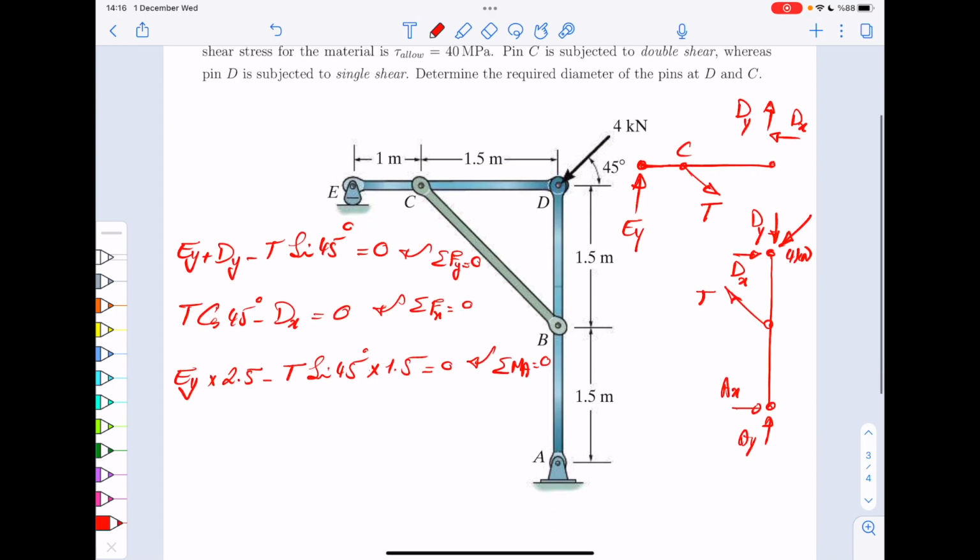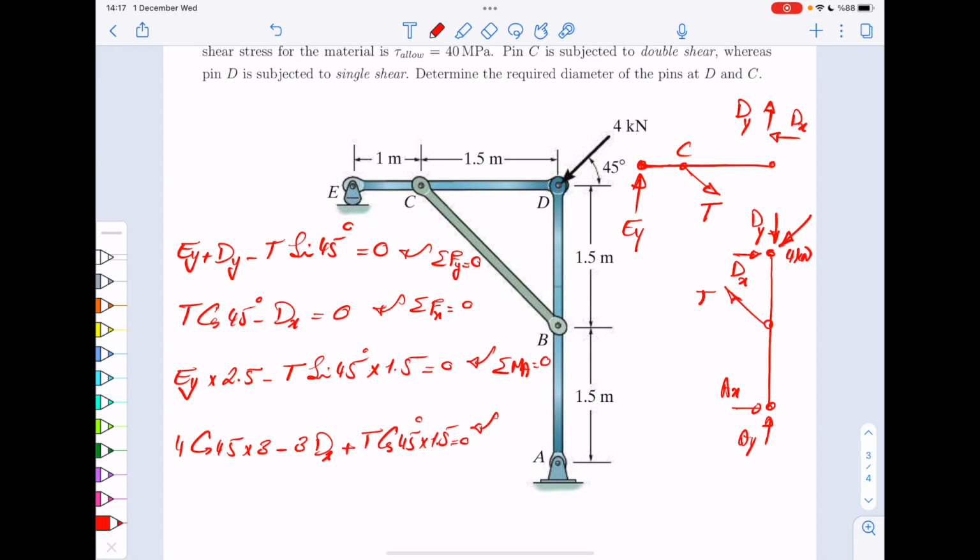And then for the side member, you can also write your equilibrium of moments again with respect to A. Okay, so you get 4 times cosine 45 times 3 minus 3 dx plus T cosine 45 times 1.5 is 0.